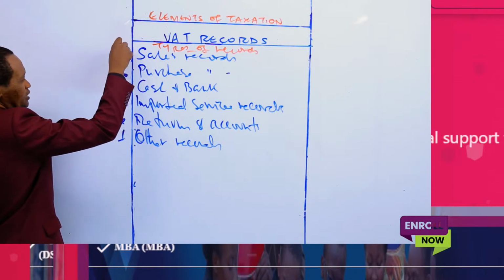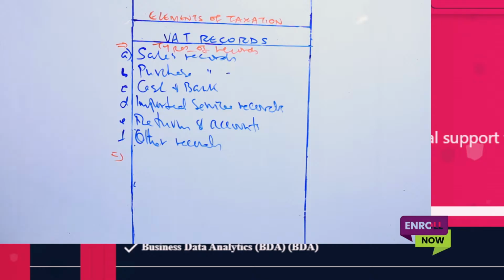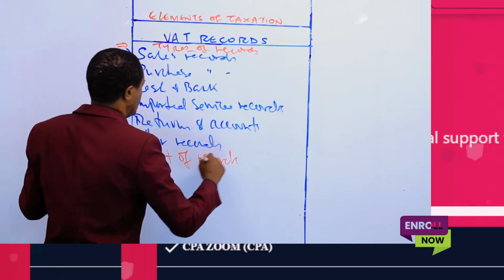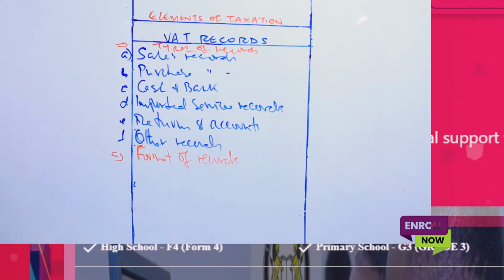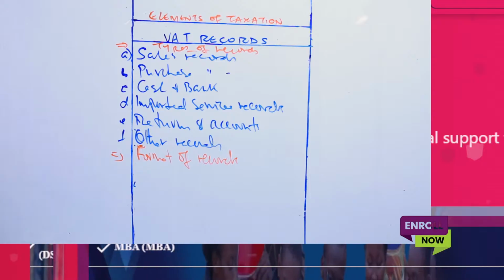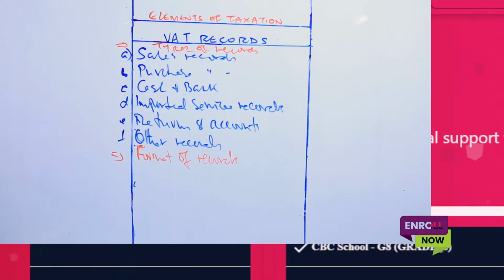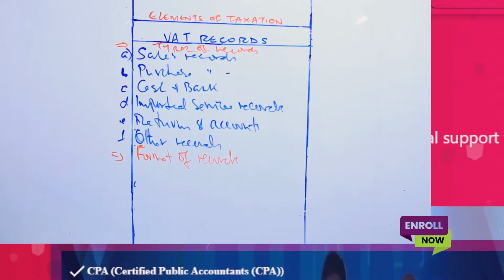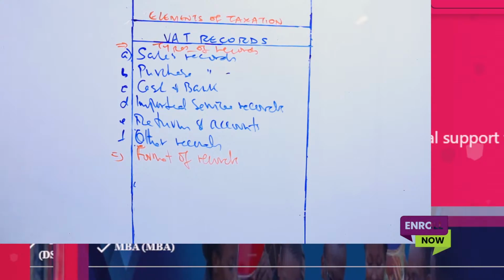Then let's discuss briefly the format of records. What format should these records take? Records can be maintained physically or electronically. For electronic records, one ought to ensure they are easily accessible, secure, and can be readily retrieved and printed if required by KRA.